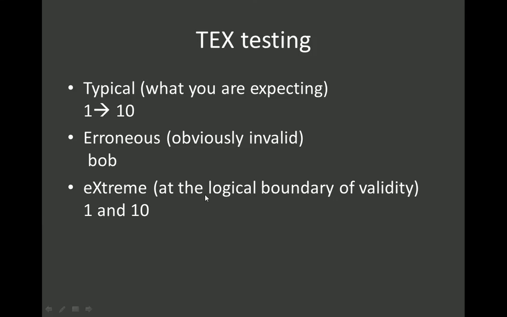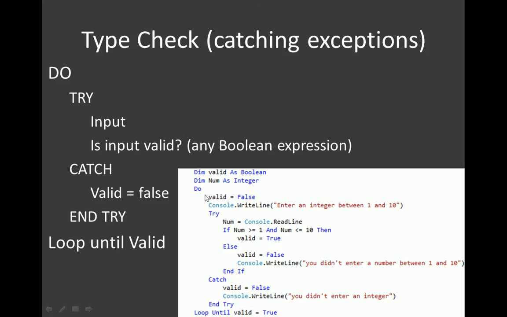So what we need to do is also put in a type check, and in order to do that we use the try-catch system. This is available in most programming languages, but the way it works in VB is that everything between the try and the catch will effectively be tried, and if an exception's thrown, it will backtrack and run everything between the catch and the end try.